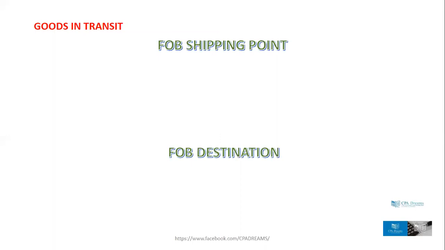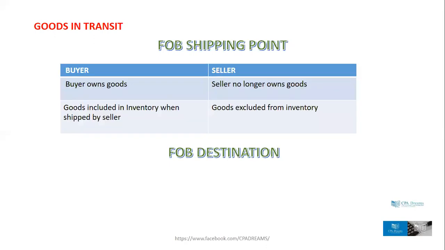So that means we have two types of pre-on-board. Okay, meron tayong pre-on-board destination and pre-on-board shipping point. Okay, pagka shipping point ang pinag-usapan, automatically buyer owns the goods. Okay, seller no longer owns the goods.